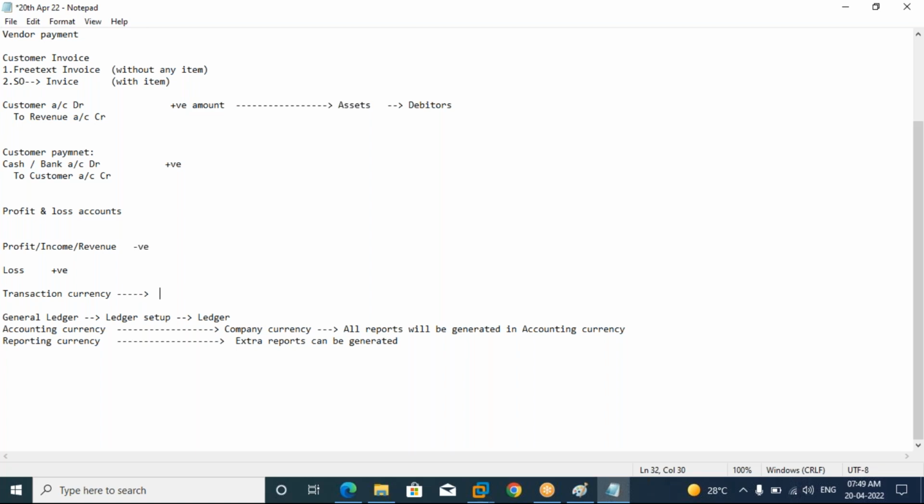If I'm exporting to Netherlands, it is euros. If I'm exporting to China, Chinese yuan. If I'm exporting to Singapore, Singapore dollar. Am I right? It keeps on changing. So transaction currency will be anything during the transactions. But accounting currency and reporting currency, whenever you are designing, whenever you are mapping, it should be frozen and it cannot be modified.